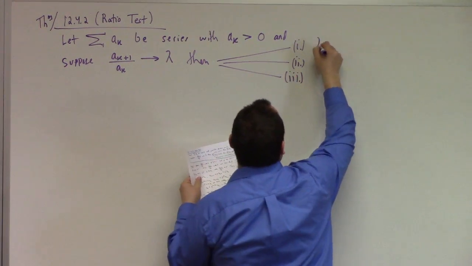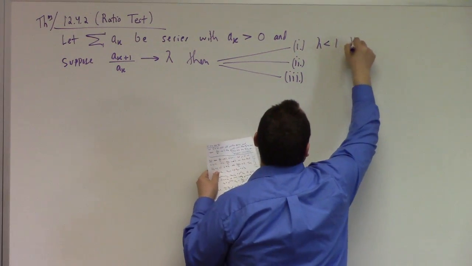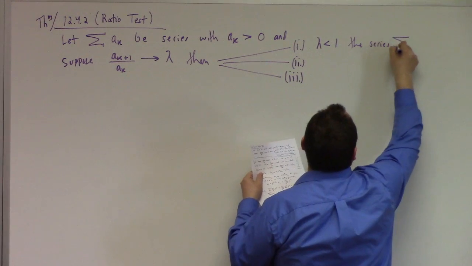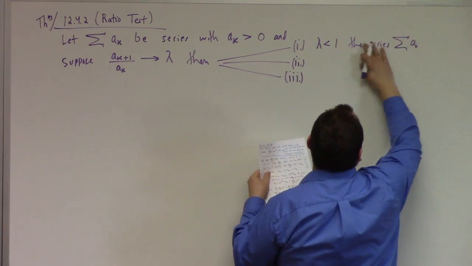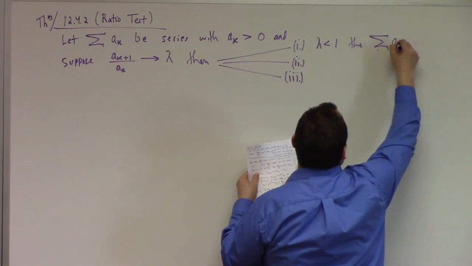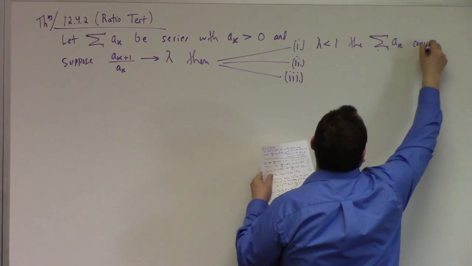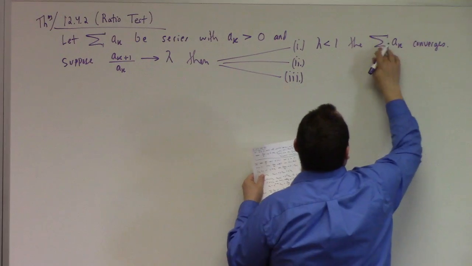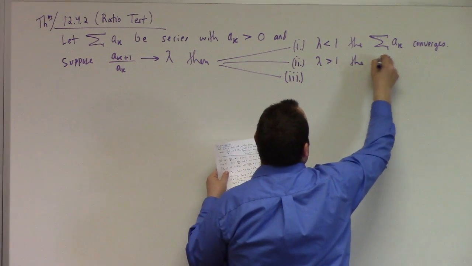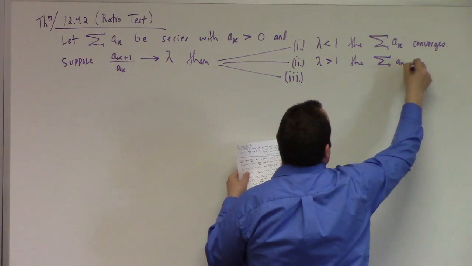Case 1, lambda less than 1, the series converges. If lambda is greater than 1, the series diverges.